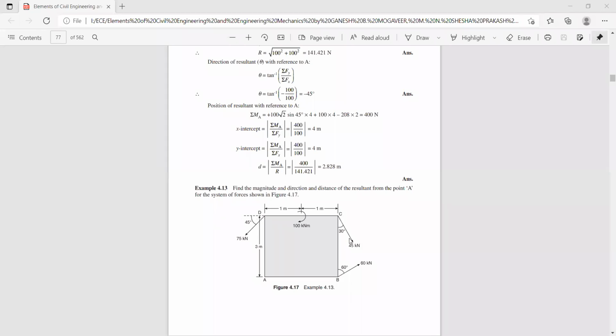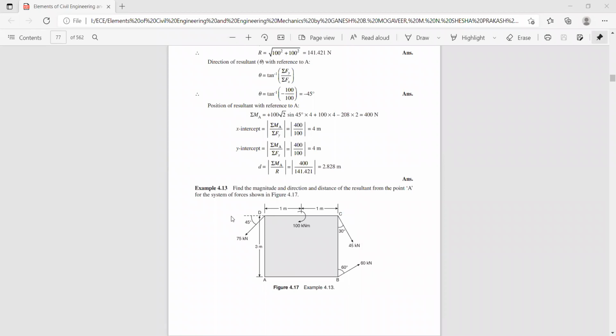Now you can see here this force 45 kilonewton is making an angle 30 degree with respect to y-axis, and it is making an angle 60 degree with respect to x-axis. Either you can resolve with respect to y or with respect to x-axis. So sigma f of x is minus 75 cos 45 plus 45 sin 30 or 45 cos 60, because I have selected with reference to x-axis.